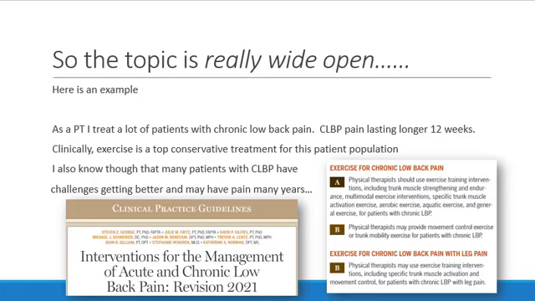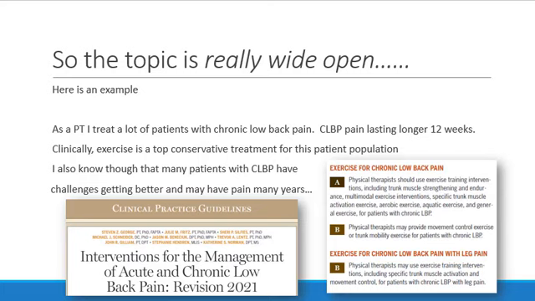So I have a little screen grab here from a clinical practice guideline published by the Orthopedic Academy, the American Academy of Orthopedic Physical Therapy. And what you can see is there is A and B scores for the use of exercise, different exercise interventions for people with chronic low back pain.